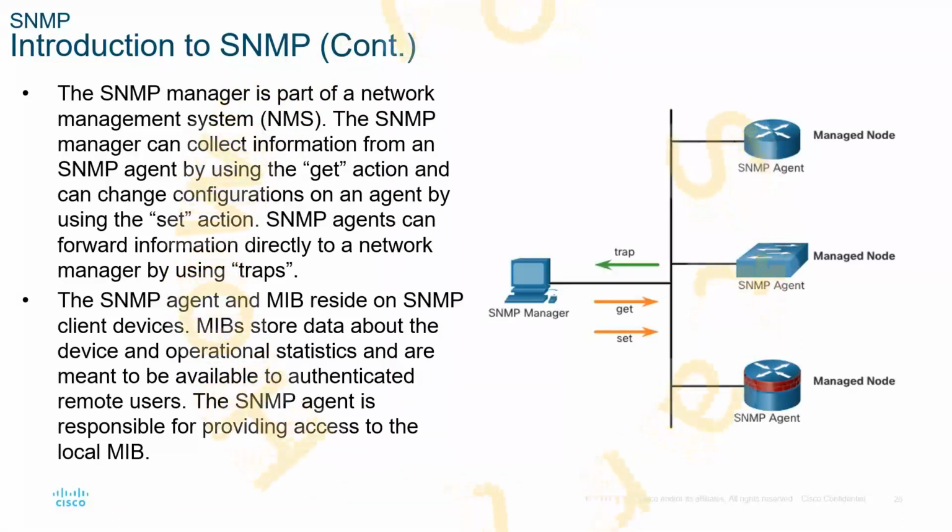The MIBs store data about the device, the operational statistics, the available resources, the authentication ability, things of that nature. So what exactly does that mean? One of the biggest use cases that I've used CCNP for is printer management. I may manage 50 printers throughout my organization.